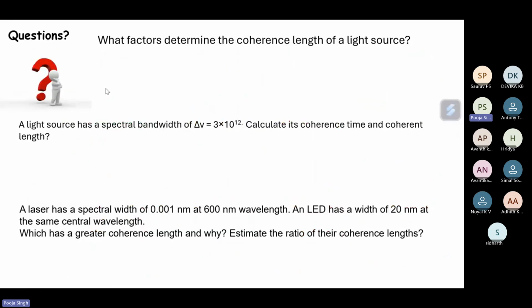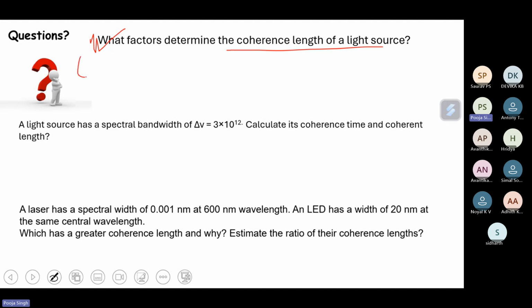Then here I have put some questions that you should be able to solve. It's simple. What is the factor that basically determines the coherence length of the light source?